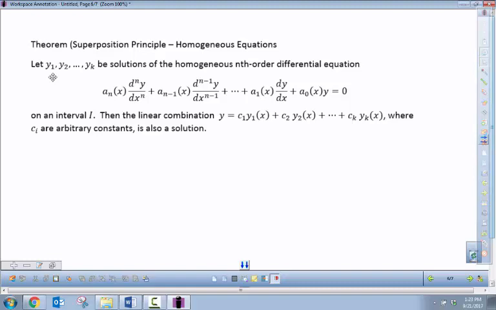They happen to be separate functions. Because differentiation is a linear operator, and this is a linear differential equation, it turns out that a linear combination, alpha times y1 plus alpha times y2, or different alphas, would also work as a solution.